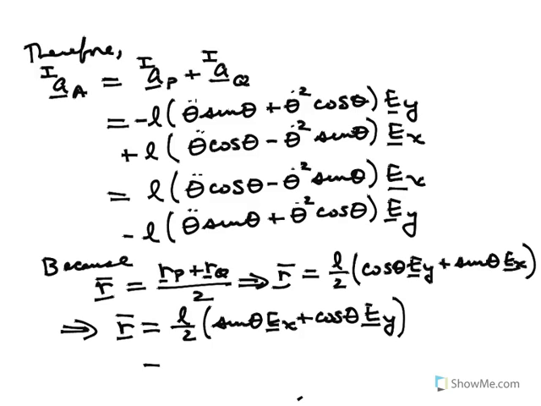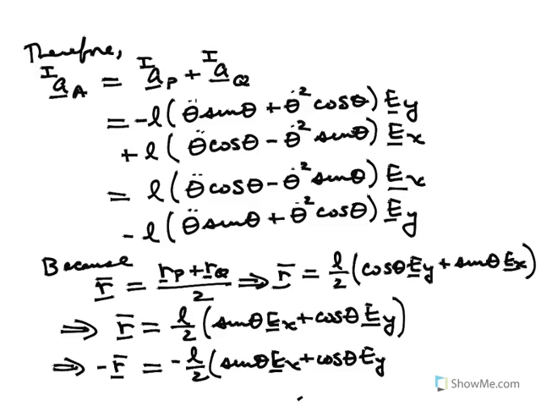And minus r bar is equal to minus L over 2 times the sine of theta Ex plus the cosine of theta Ey, which we remember is equal to r bar minus RA.